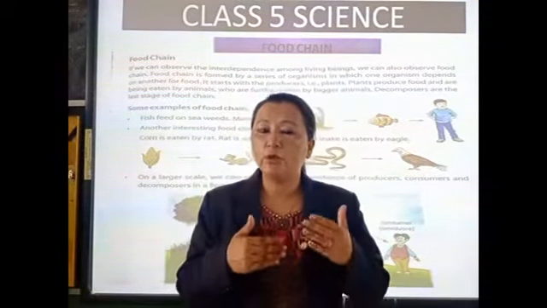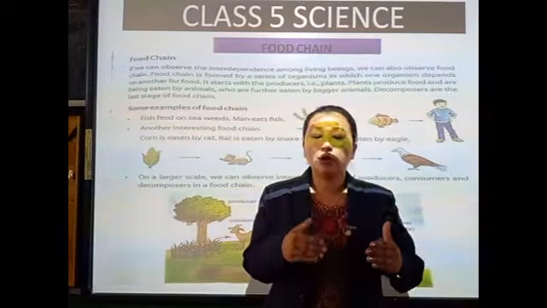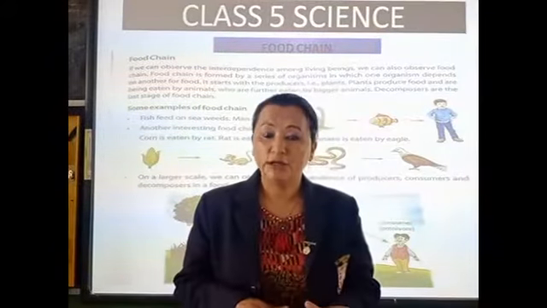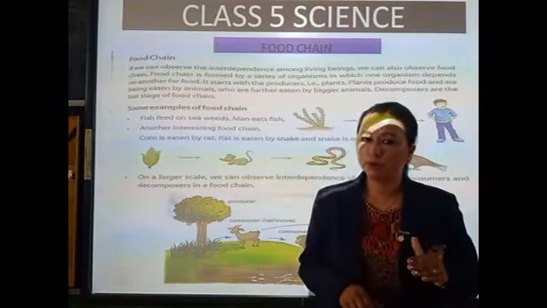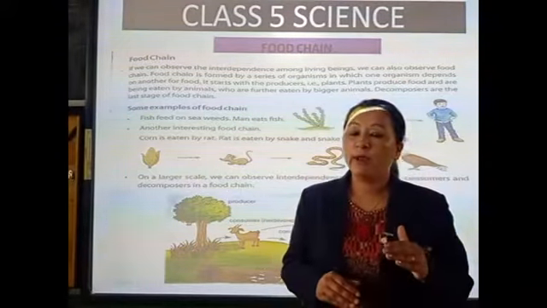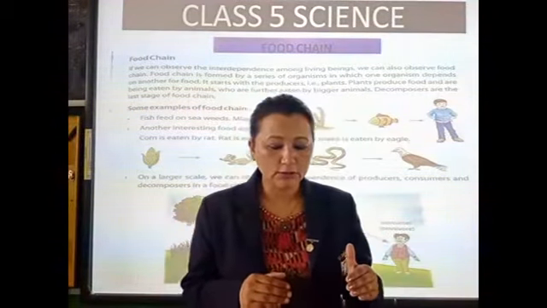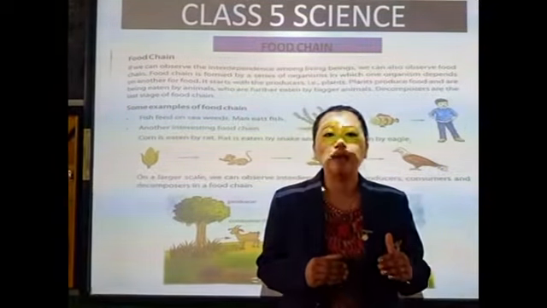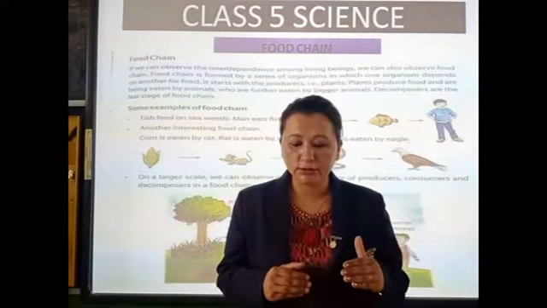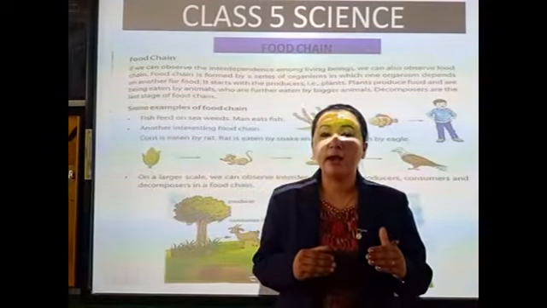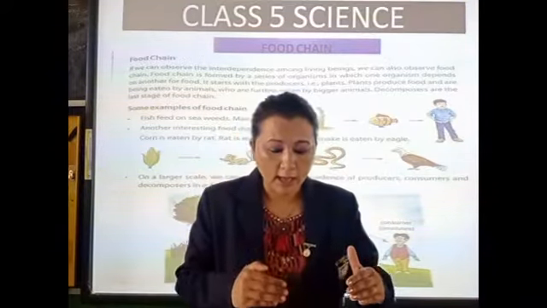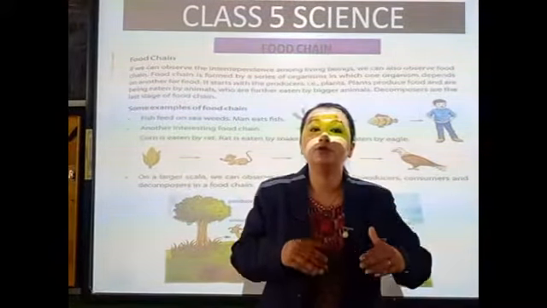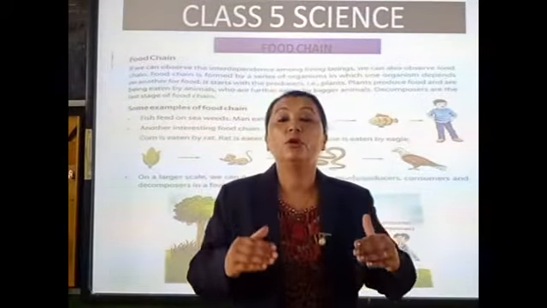There are some things we have to keep in mind when we discuss food chain. The first is producers. We call plants producers because they are at the beginning of the food chain and they are the ones who produce the food.